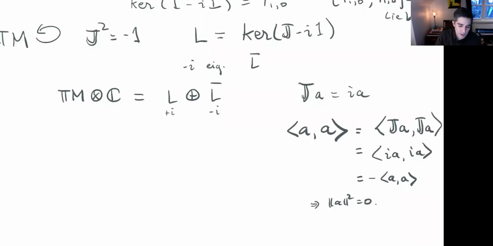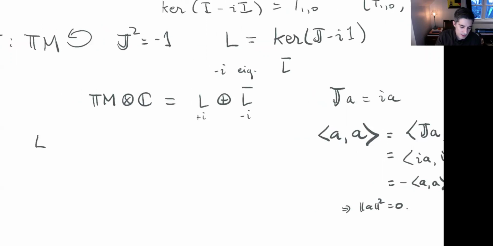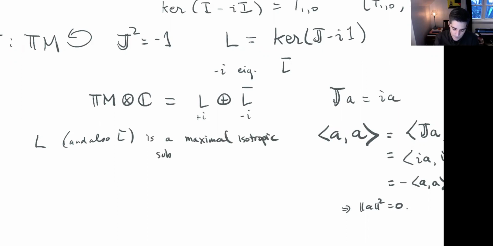So what this means is that L, and also L bar, is what they call, and people use different terms for this, the correct terminology is a maximal isotropic subbundle. Sometimes people use loose terminology and call it Lagrangian, because the inner product restricts to L to be 0.